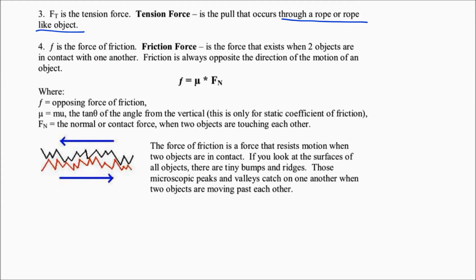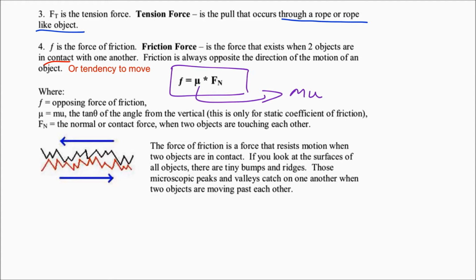So this is a contact force. And friction is always opposite of the direction of the motion or the tendency of motion for an object. It has its own formula, which is mu times the normal force. This little symbol right here is called mu. That's a Greek letter. And the reason it's called mu is because when we write it, it looks like this.